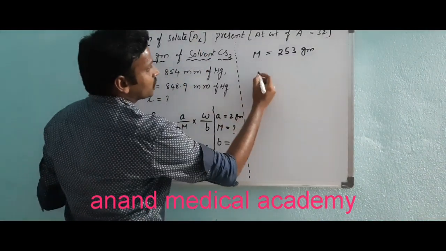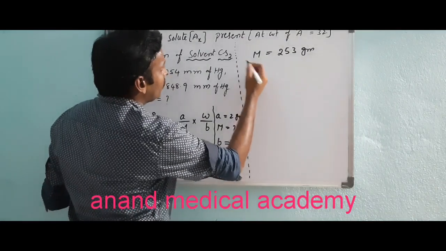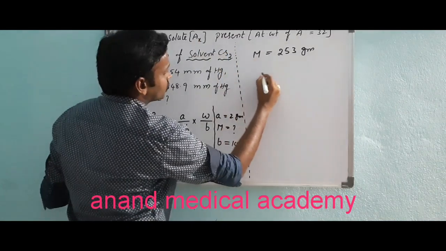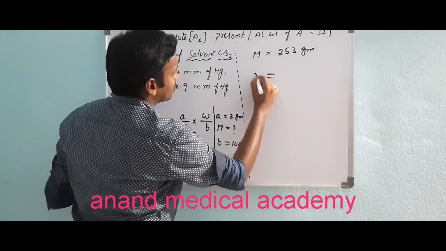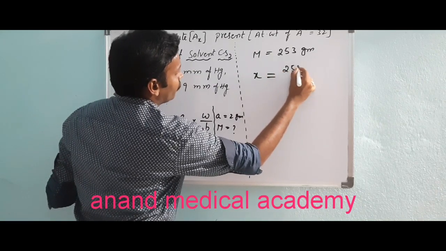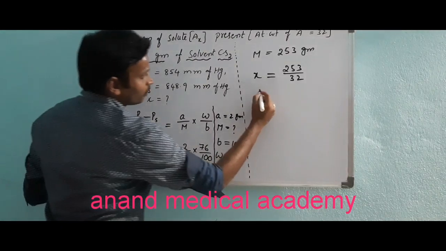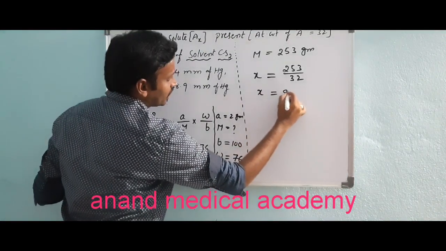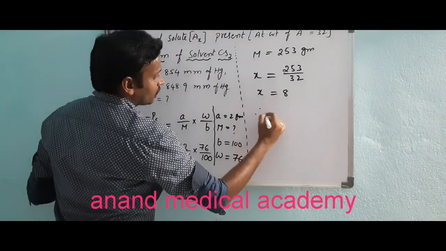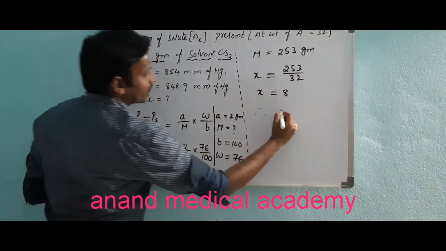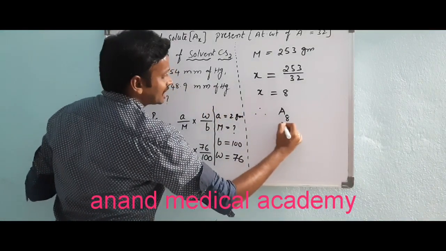So M is 253. So to find the number of atoms, here you can do X is equal to 253 by 32. If you simplify, you will get an X value of 8. So therefore, the molecular formula you can say is A8.